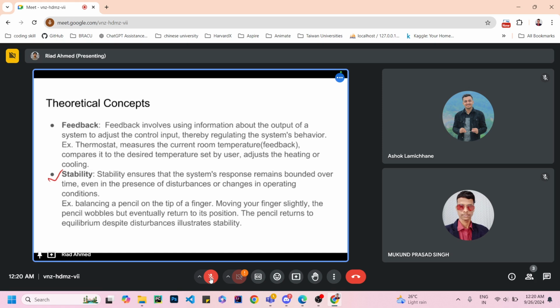Let's say you have a controller and you are using it to control a motor, and you set a value of 5 radian per second. That means you are expecting that the motor will rotate at exactly 5 radian per second, right?